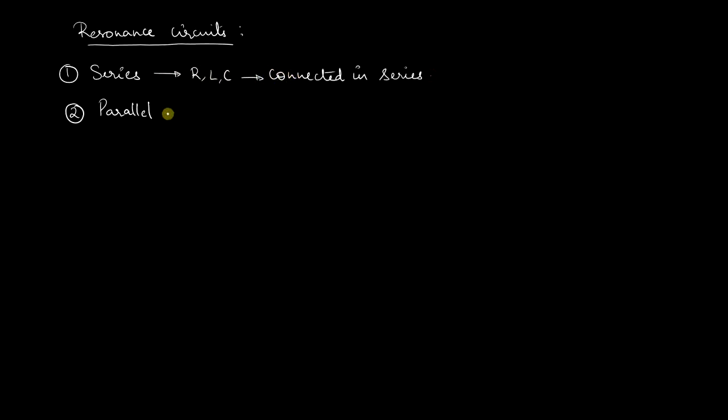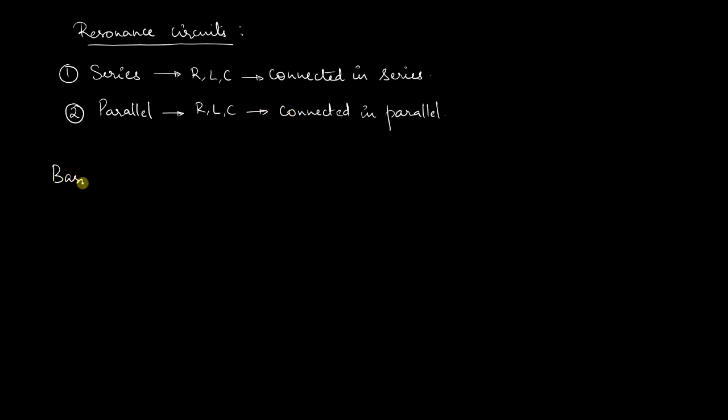Resonance circuits can be of two types: series resonance circuit, or parallel resonance circuit. Series resonance circuit is when you have the network elements R, L and C connected in series. Parallel resonance circuit is where you have the components R, L, C connected in parallel.